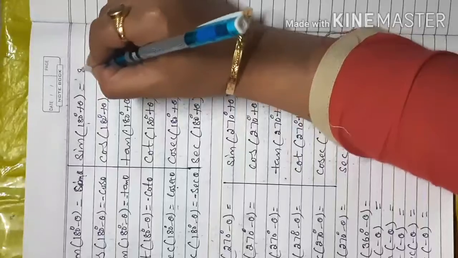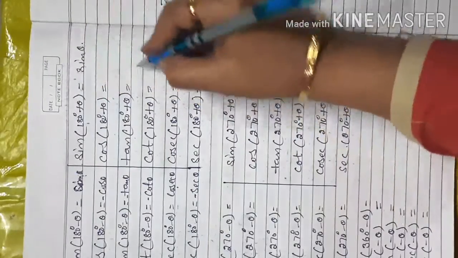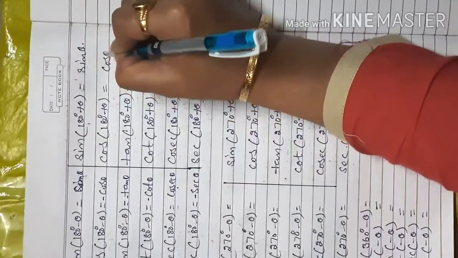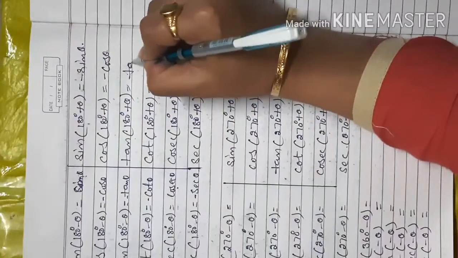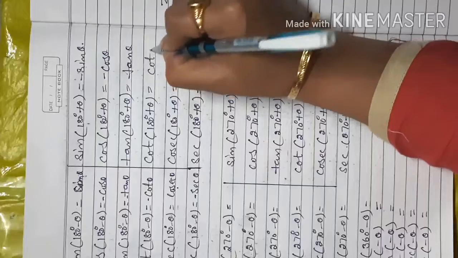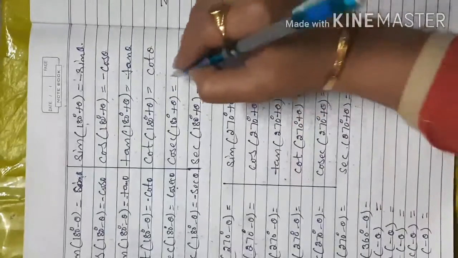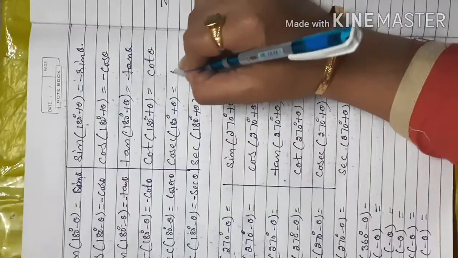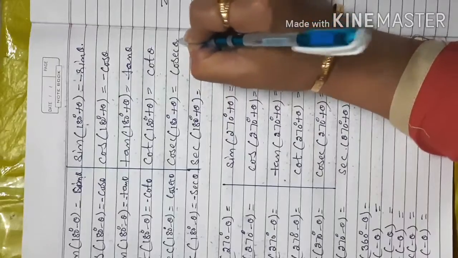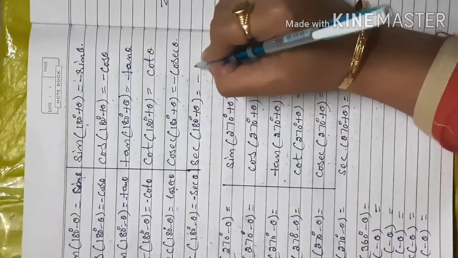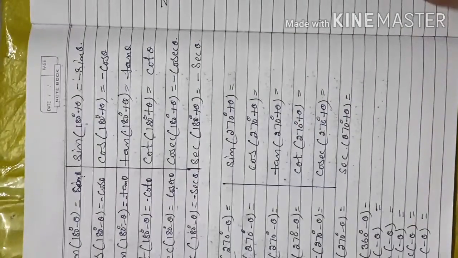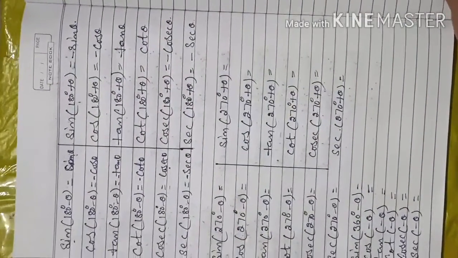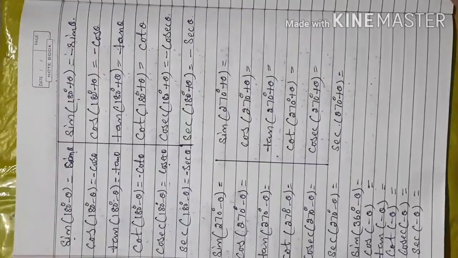So here it will again be sine theta and cos theta, accompanied with the negative sign, while tan theta and cot theta will be the same because in the third quadrant tan theta and cot theta are positive, so the other trigonometric terms will be negative. We already discussed in the last video why it is negative and why it is positive; that depends upon your coordinates x and y.